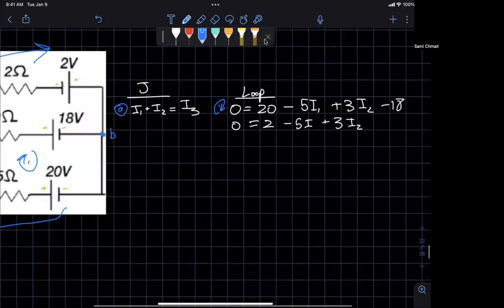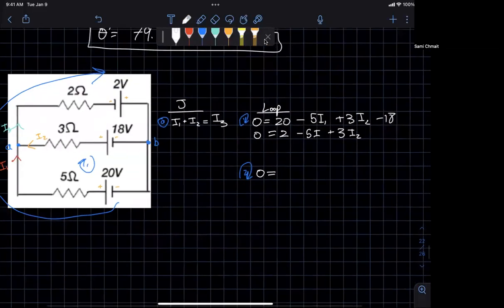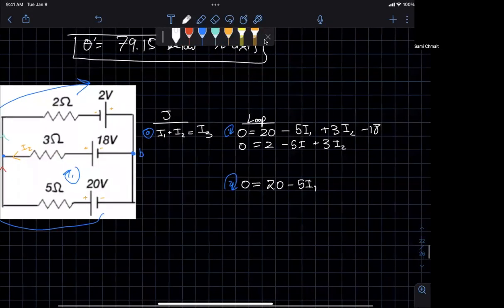Okay, so loop 2 now. And this time you guys can call it out. I'm starting behind the 20, so 0 is going to be, what's the sign there? It's going to be 20 plus or minus? So 20. What's next? Minus 5i1. Next. Minus 2i3.